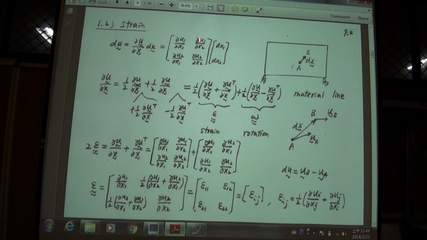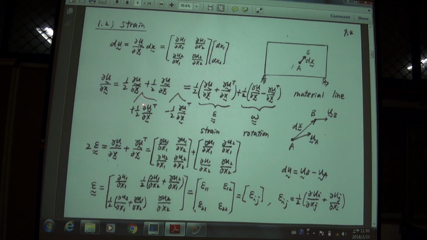We have this partial u partial x, the gradient of displacement. We separate this term into two terms, equal to 1/2 partial u partial x plus 1/2 partial u partial x. Obviously, it is an identity.